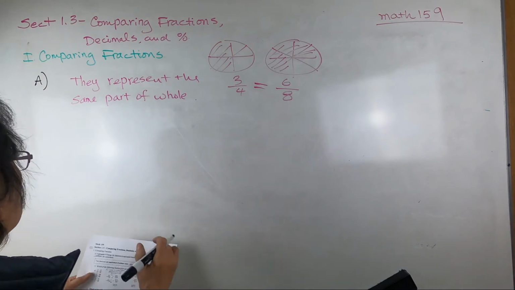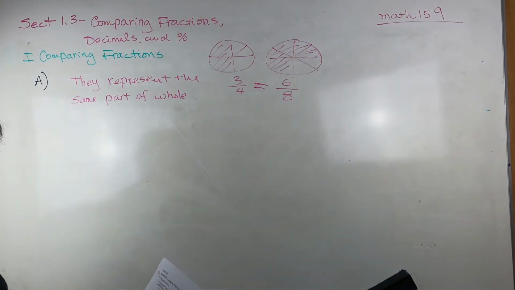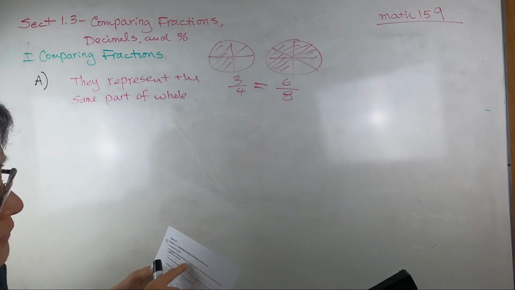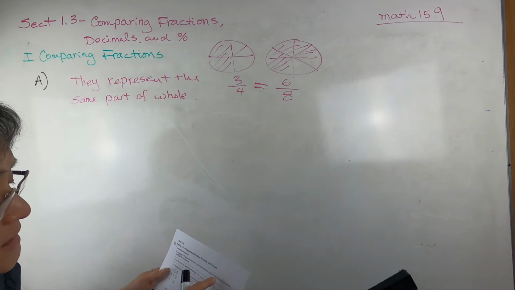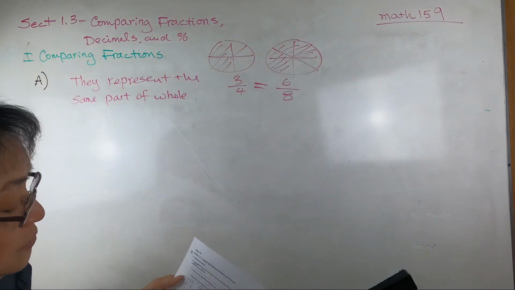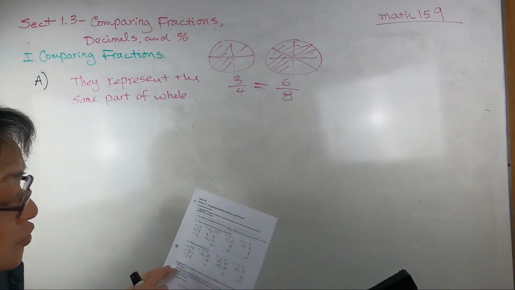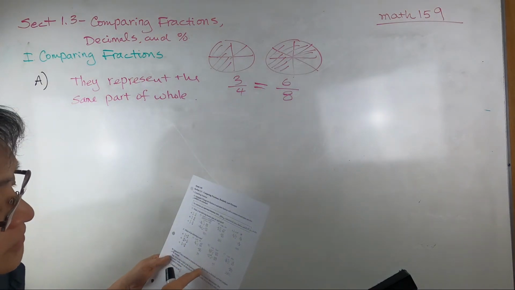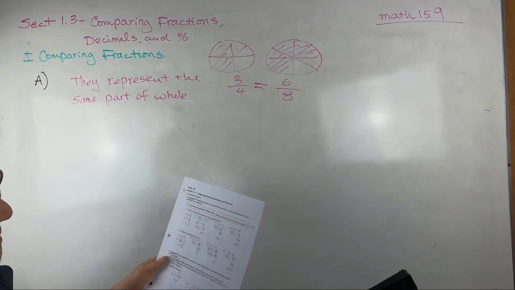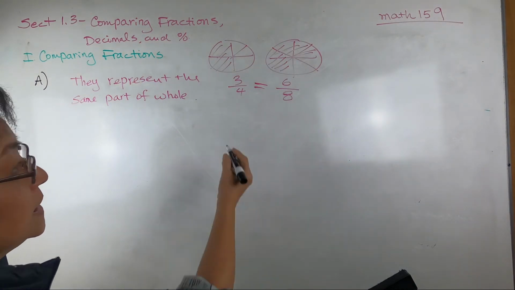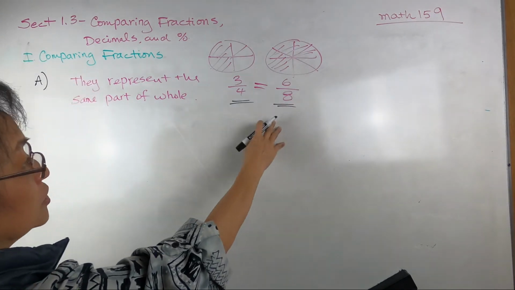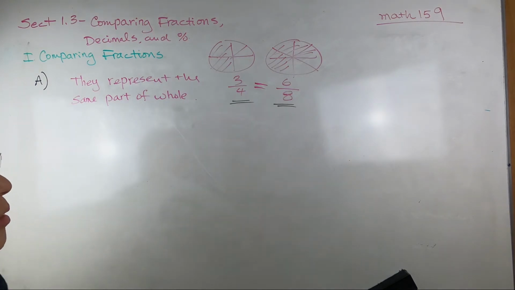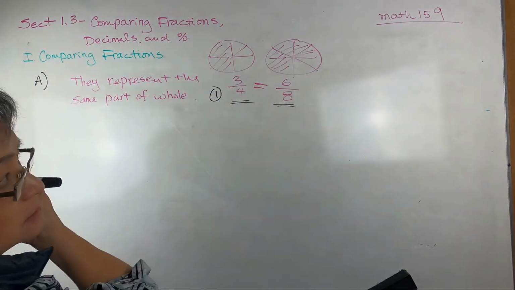So let's see. There are two approaches, okay? First one, change the fractions to equivalent fractions with a common denominator, and then compare the numerators. Approach 2, on your page 9, use a calculator or a computer to convert the fractions to decimals, then compare the decimals. Approach 1 you can compare fractions directly.